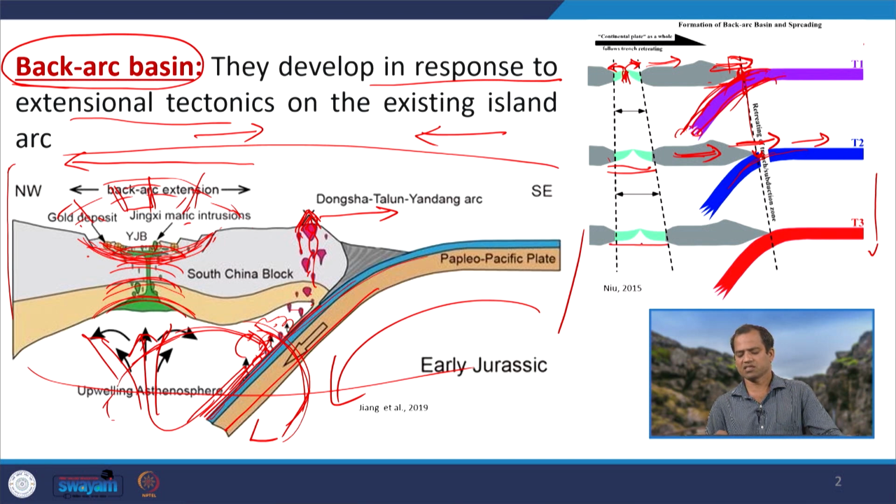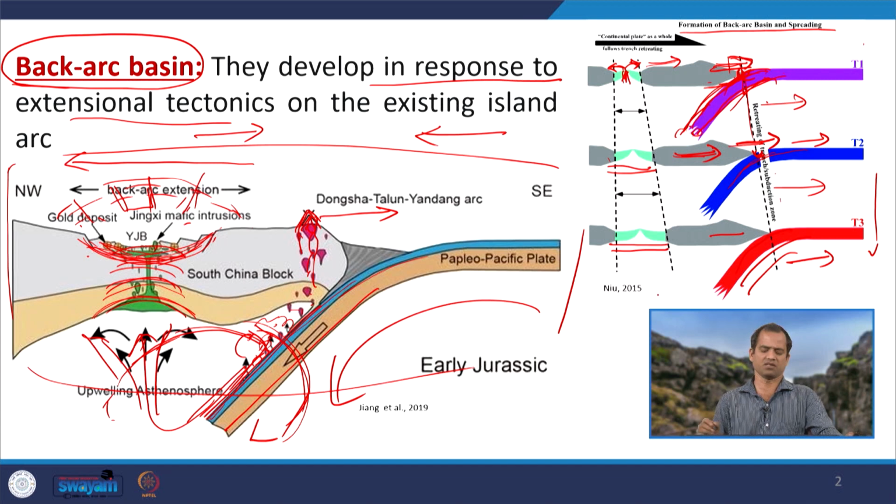Similarly, with further extension of this back arc basin, further retreat of the trench is occurring in this direction. So, the back arc basin is forming and spreading, acquiring its size with time, and that results in trench retreat. So, the trench is retreating back. The retreating of the trench, of the subduction zone, with time is depicted here.